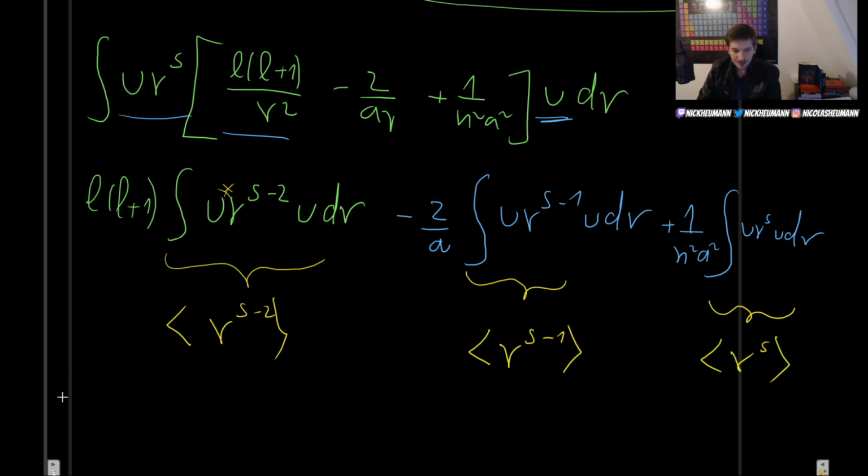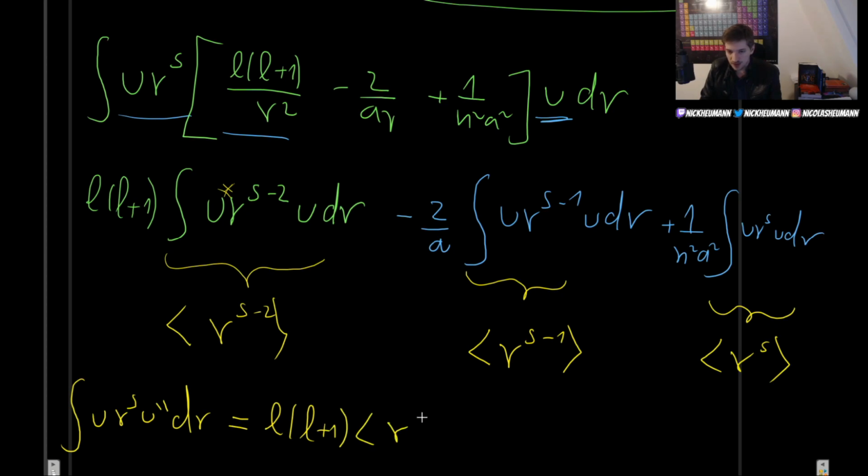So that means that the expression that we had, so this integral of u r to the s u prime prime dr, is going to be l plus 1, expectation value of r to the s minus 2, minus 2 over a, expectation value of r to the s minus 1, plus 1 over n squared a squared, expectation value of r to the s.